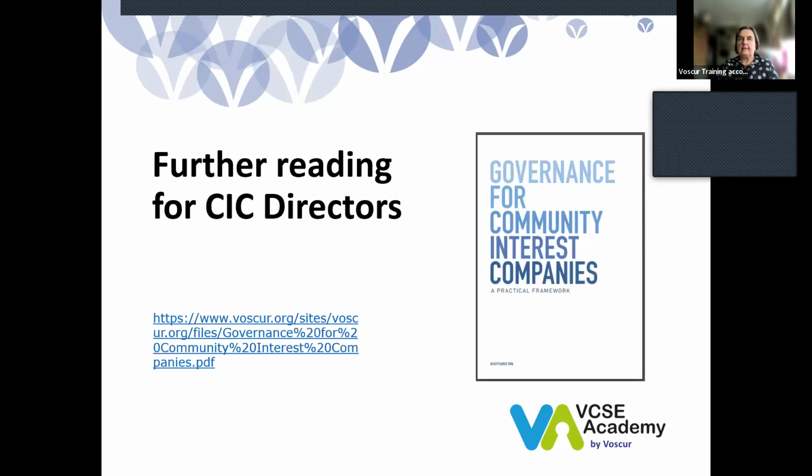So we're coming towards the end now, but just to say that governance for community interest companies is not the most exciting document, but really useful to get your head around this before you start your CIC, so you can really think about what you're going to do and how you're going to do it.